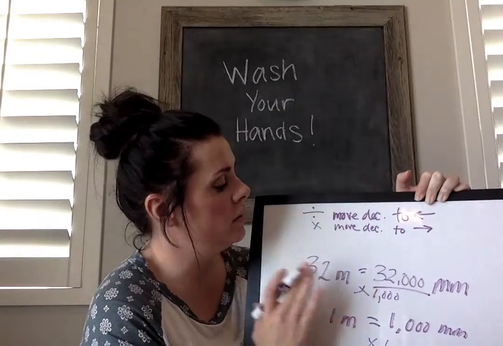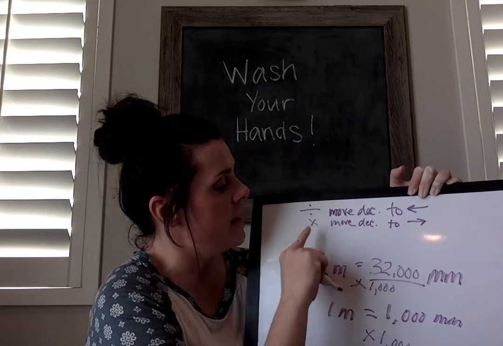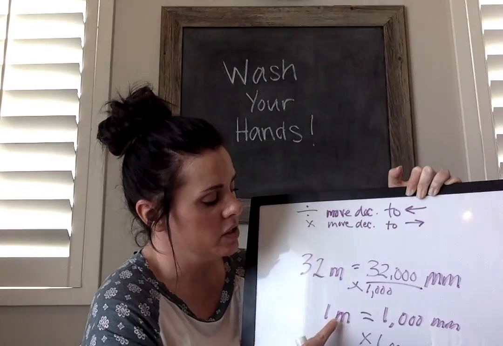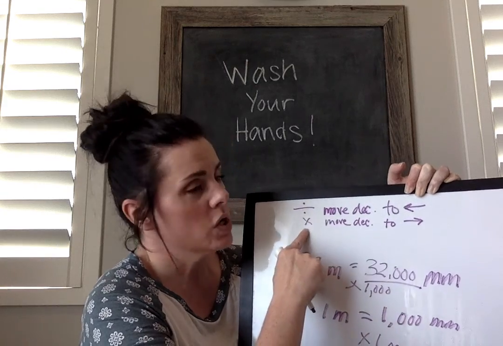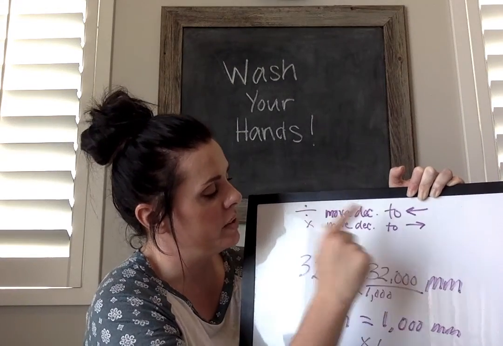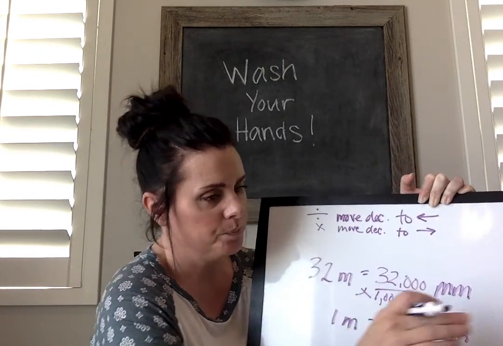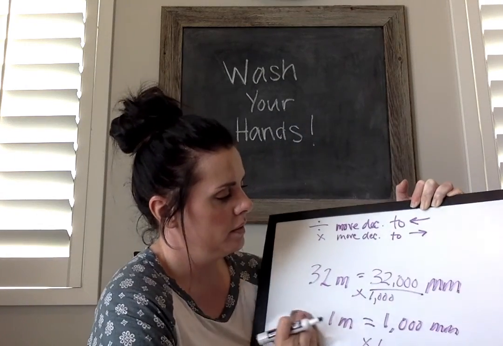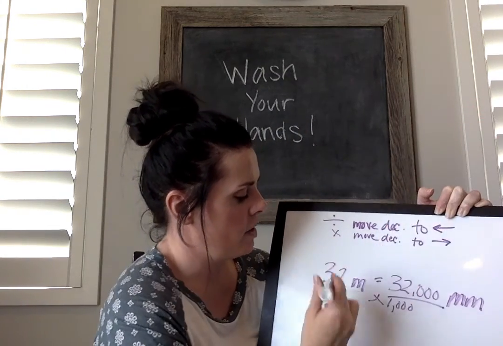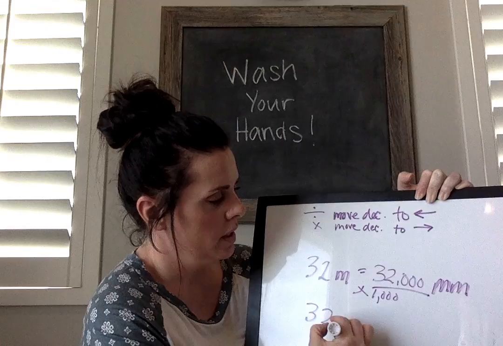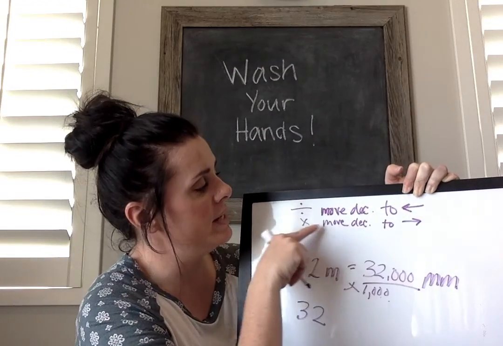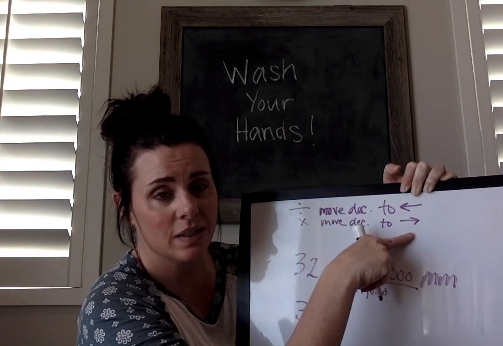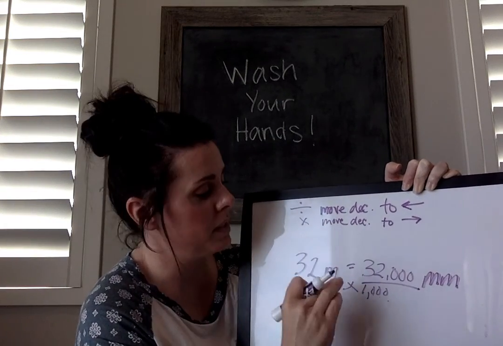Now let's try that a different way. If I'm multiplying, which I did to get from meters to millimeters, I times by 1,000. So if I'm multiplying, I'm going to move my decimal point to the right. I'm going to show you right here. I've got 32. I have 3 zeros. So I'm going to move that decimal point to the right 3 times because I have 3 zeros.